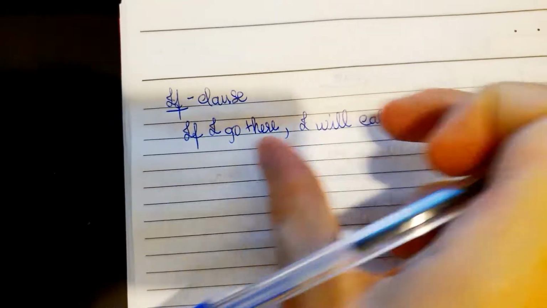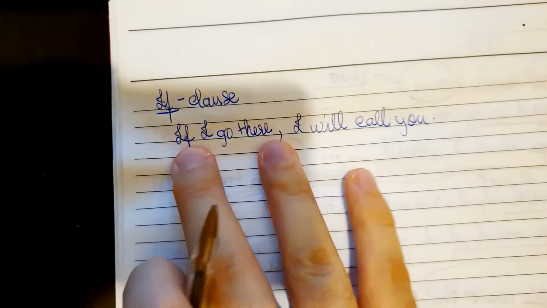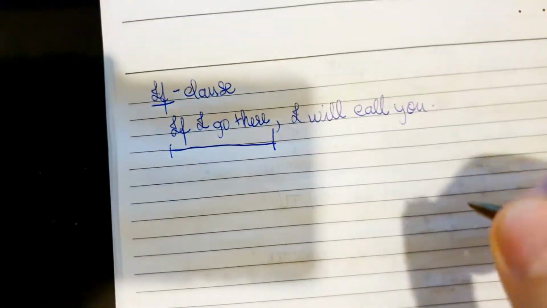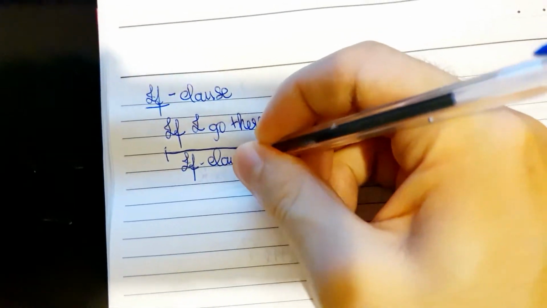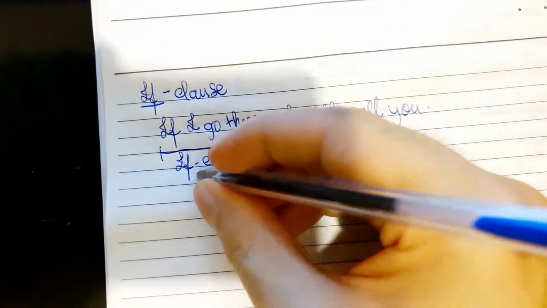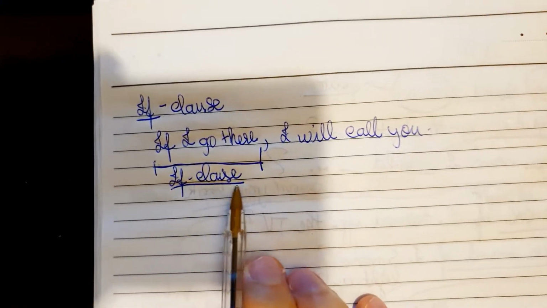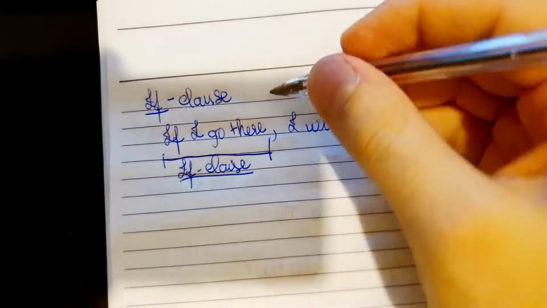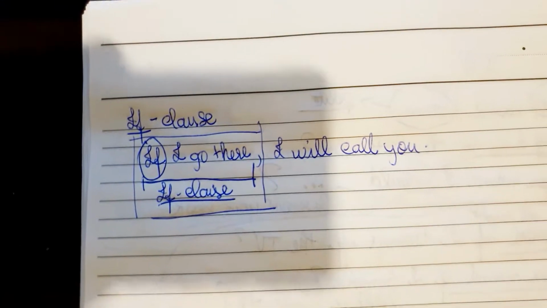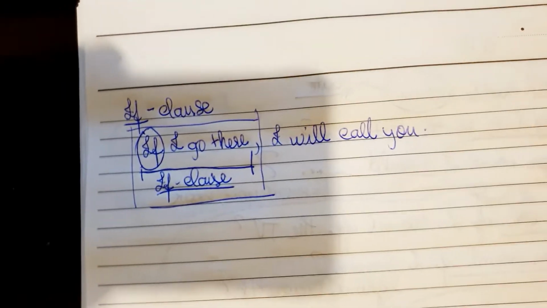I'm conditioning this action to that action. So this part of the sentence is what we call the if clause, right? Every time I say something, the if clause is the part of the sentence that has the word if.